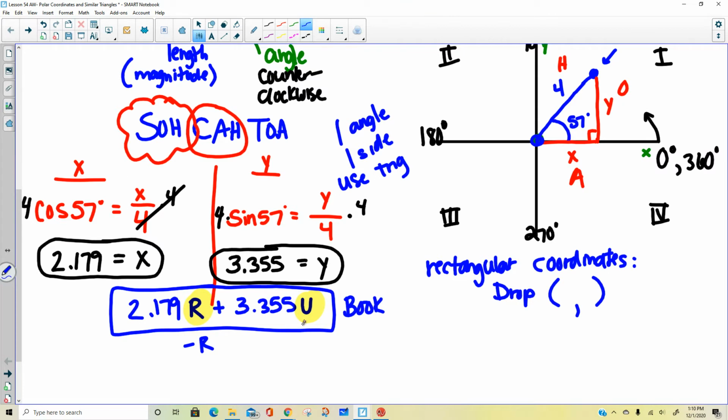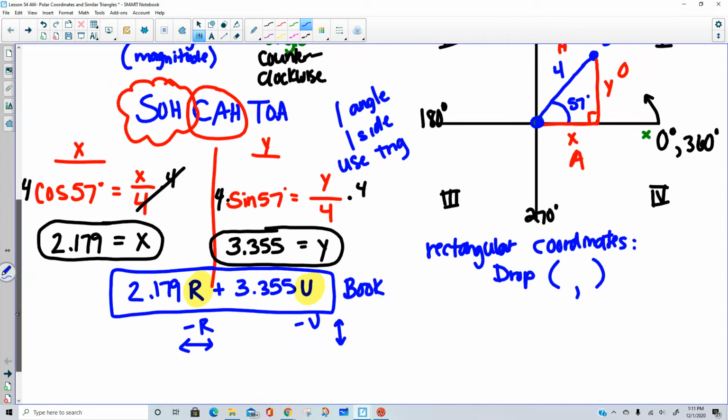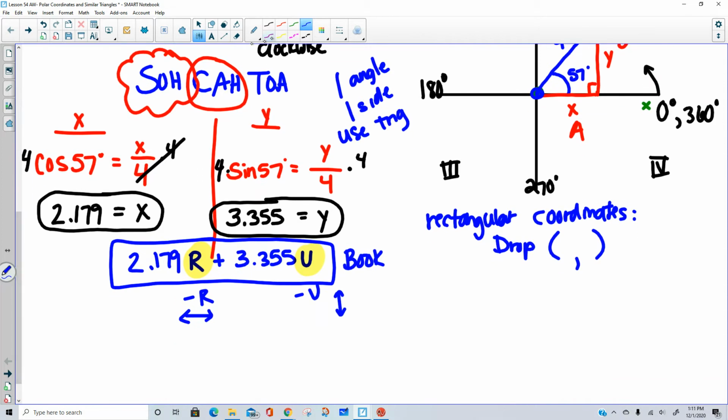Okay, that means you go left. Negative U would be like opposite of up, which is down. Okay, so it's just horizontal distance left or right, vertical distance up or down. So that's what our book does. Now, we're going to change R and U to what's called I hat and J hat.